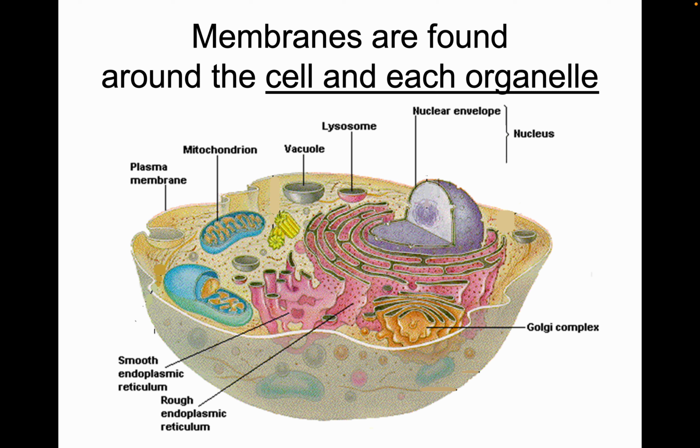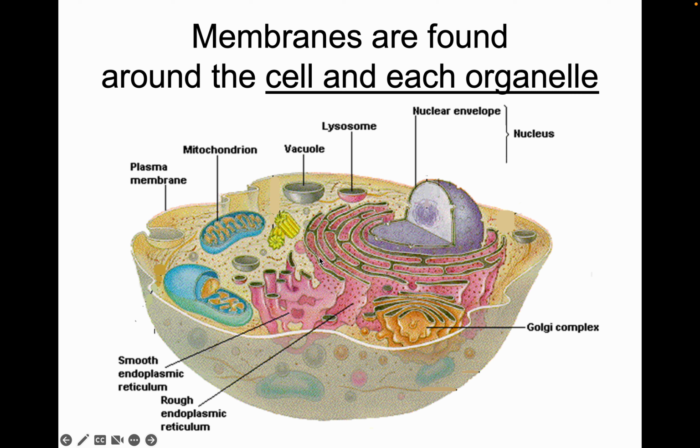As a recap of our previous lesson on the different organelles, or the different parts of the plant and animal cells, we discussed the membranes. So membranes here in our illustration are found in various parts of the cell.